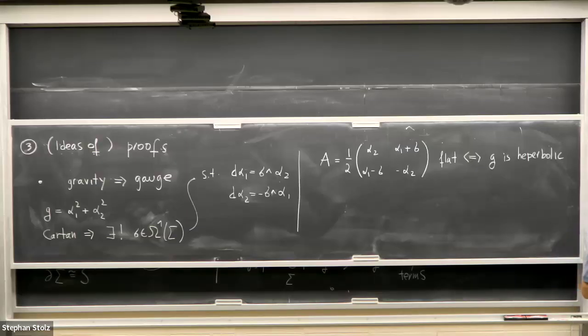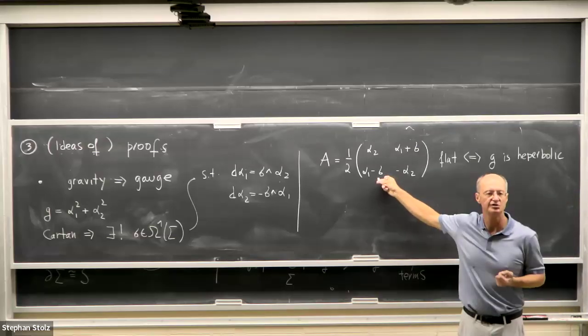So you can basically trade the hyperbolicity condition on your metric for the flatness condition for that guy, right?